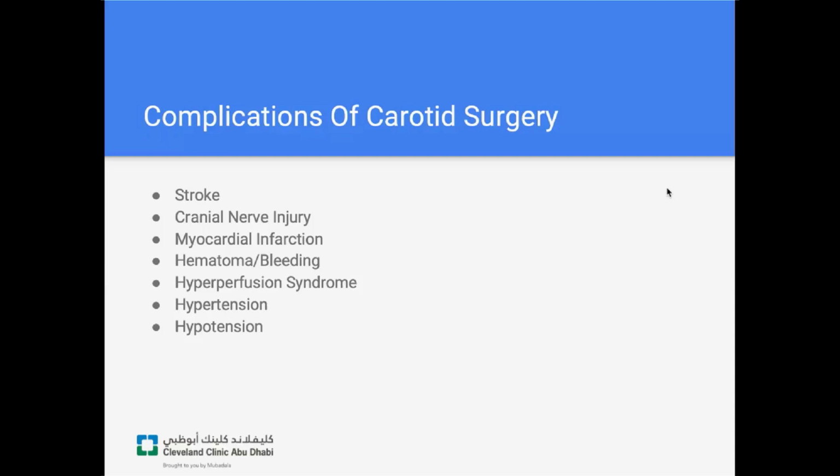Hypertension and hypotension is something that occurs because you are operating on the carotid baroreceptor. And vagal signals, parasympathetic signals triggered by stimulation of particularly Hering's nerve at the carotid bifurcation can cause hypotension and bradycardia. That can be associated with increased rates of stroke, and also hypertension.